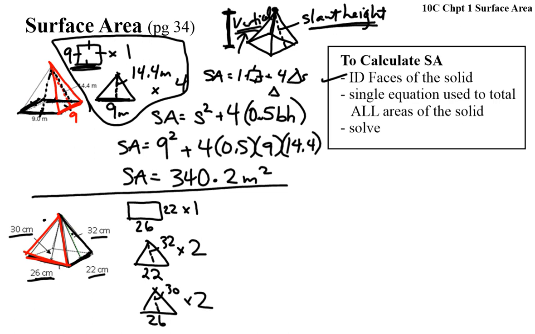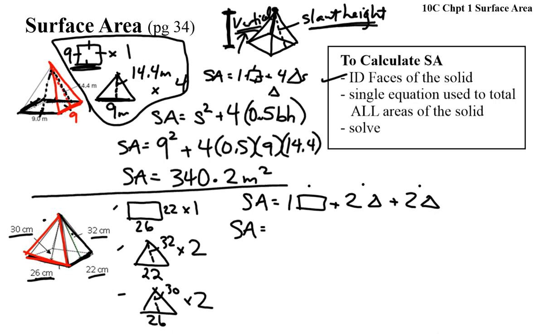So we can identify again all the shapes that make up and need to be painted, what the dimensions are, and how many of each there is. Because that will make my calculation nice and easy. 1 rectangle, 2 triangles, and 2 different triangles.